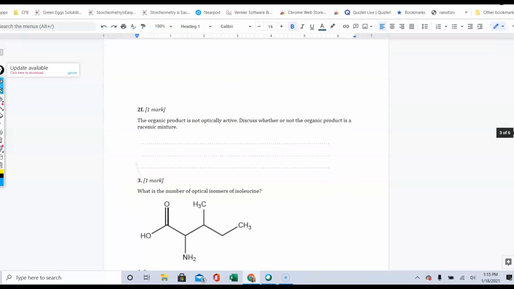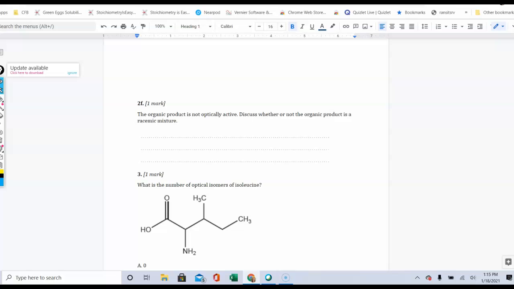There is no chiral center, so no enantiomers. Okay, so that's why this is not a racemic mixture, because remember, racemic mixtures are an equal mixture of two different enantiomers, and you do not have two different enantiomers of the same thing.